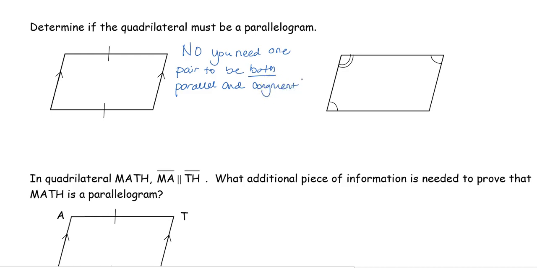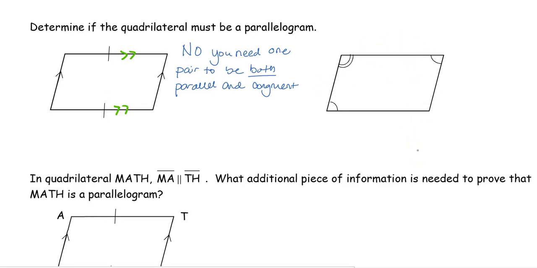Or you would say that you need both to be congruent or both to be parallel. But right here we have one congruent and one parallel. We would need the same side. So if I could say that this was parallel to this, now I have one pair that's both parallel and congruent. Moving on to our next one.